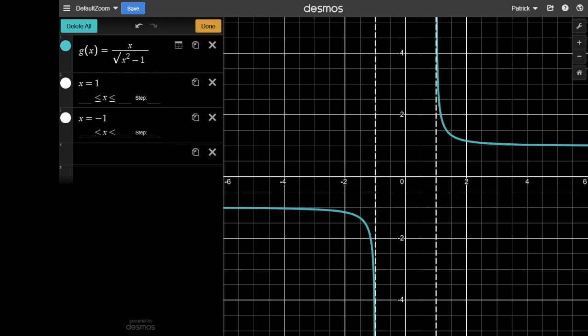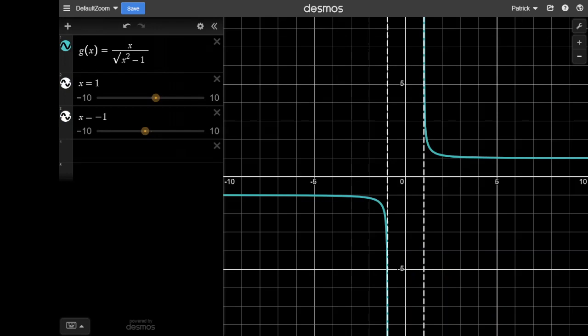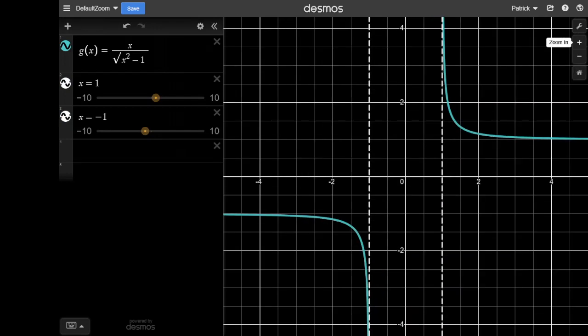There we go. And the space in between, oops, sorry about that, the space in between, the function just isn't there. And that's to be expected.